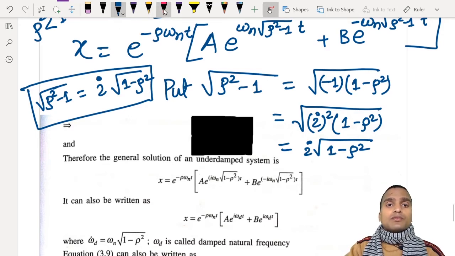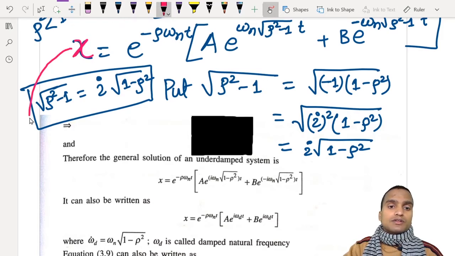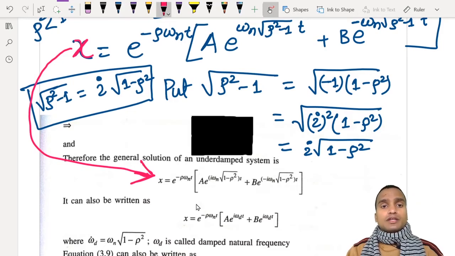So now we are going to write the equation of motion solution here. The general solution is written again as x is equal to e to the power minus rho omega n t, which we have taken common already. Now in the bracket, a times e to the power iota omega n under root 1 minus rho square times t.